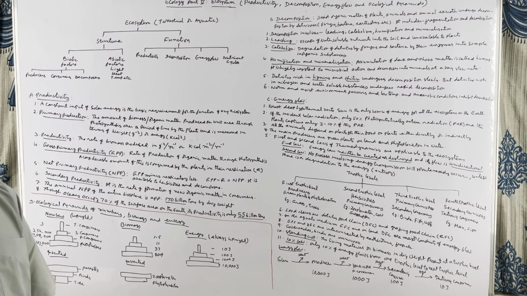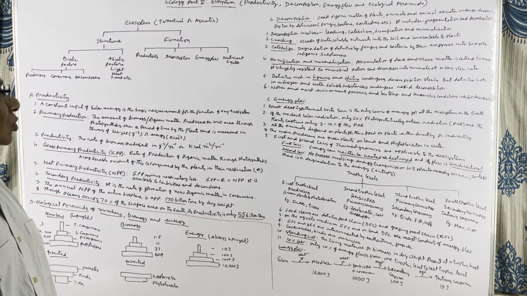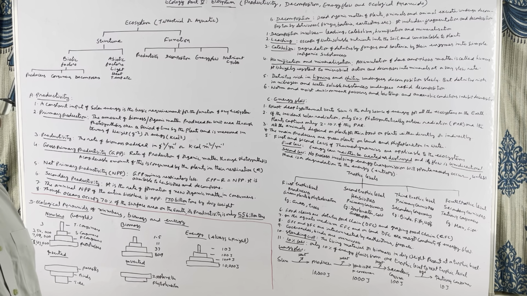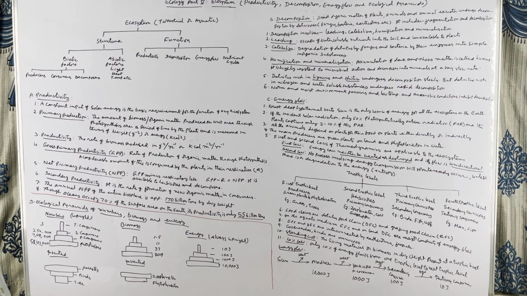So, the dead organic matter has to be recycled through decomposition, and the nutrients are made available to the plants again and again. So decomposition means dead organic matter of plants, animals, and animal excreta undergoes decomposition by detritivores. Detritivores are the organisms that decompose the dead organic matter.